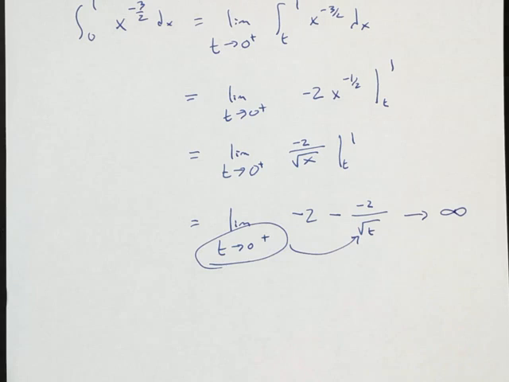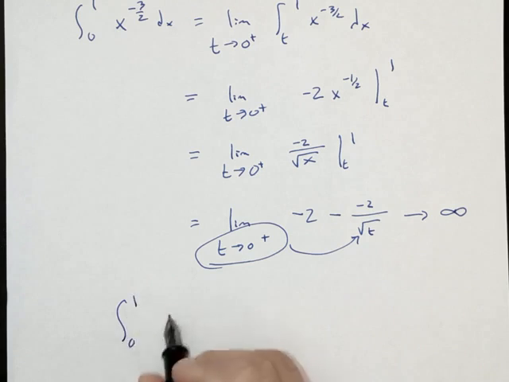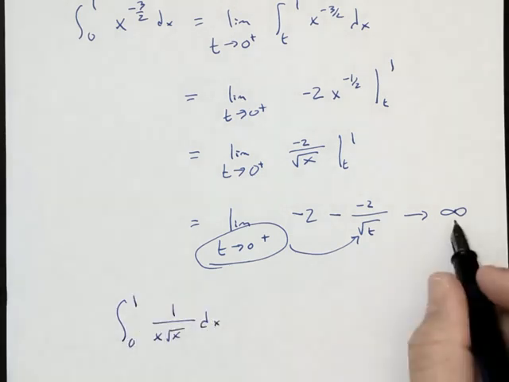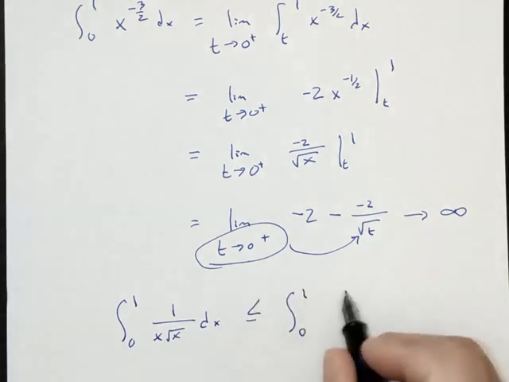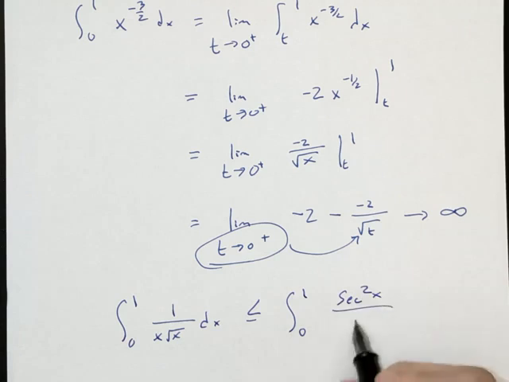And as a matter of fact, since it's minus a minus, that's going to go to plus infinity. Okay, wait a minute. My smaller integral goes to infinity. If this is infinity, the only thing this can be is infinity also.